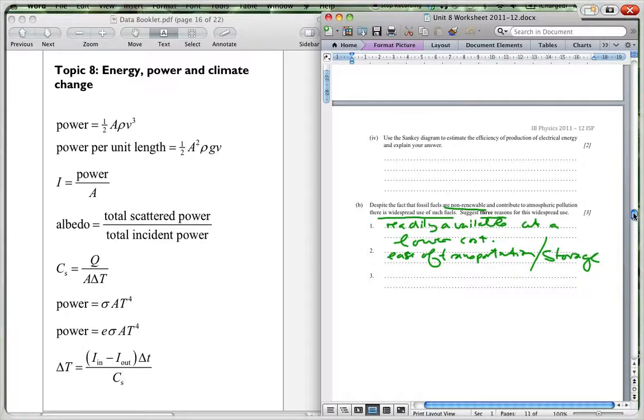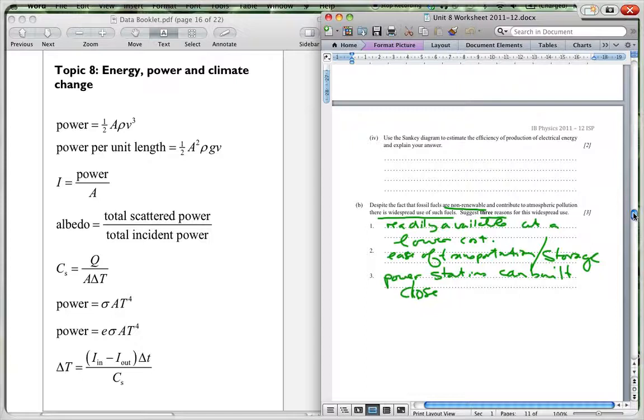You can also, for instance, have your power converters, your power stations, built close to source. So if you've got coal fields, you can build your power station right there. Okay, so there's many different reasons.